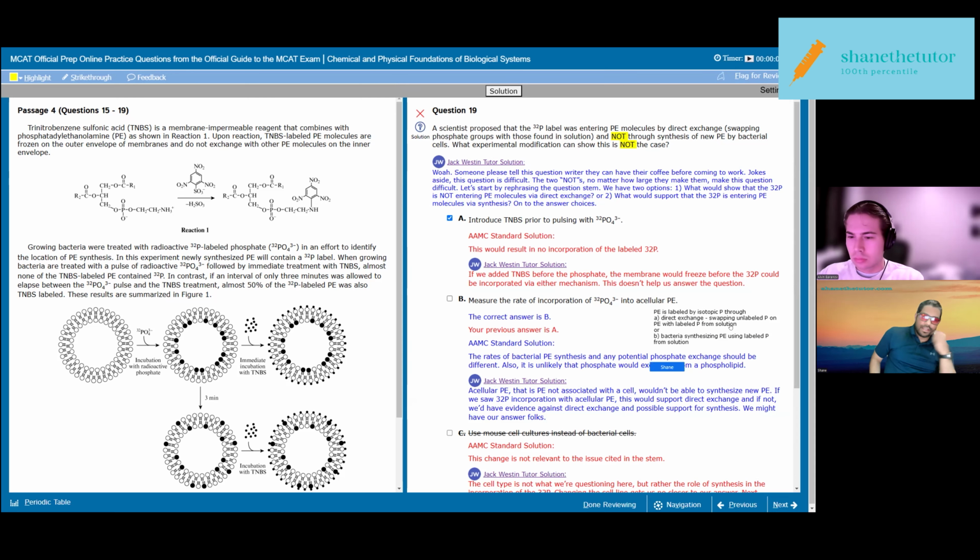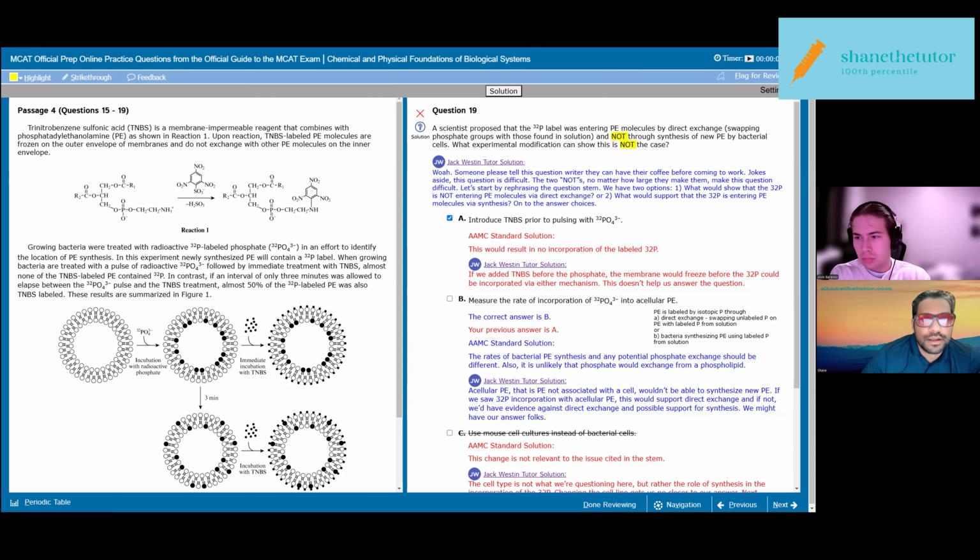Okay, I wrote that PE is labeled by isotopic phosphorus through either A, direct exchange, in which it literally just swaps an unlabeled phosphorus on the PE with labeled phosphorus in the solution.